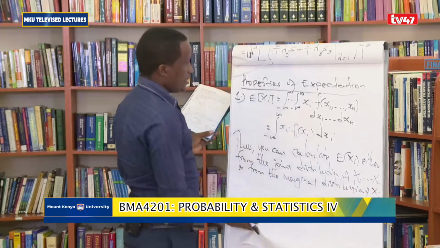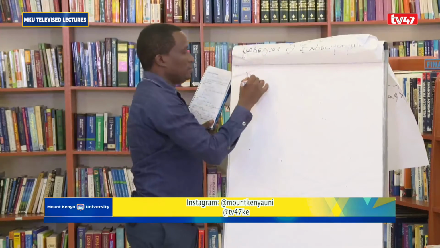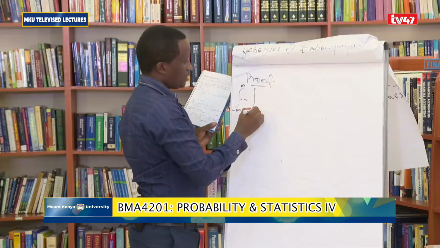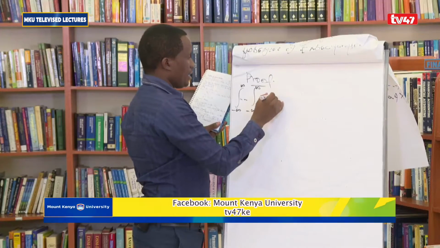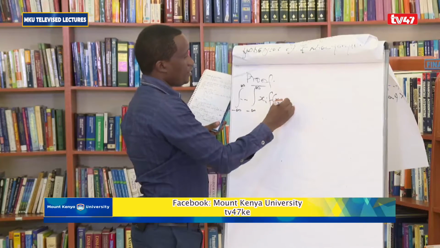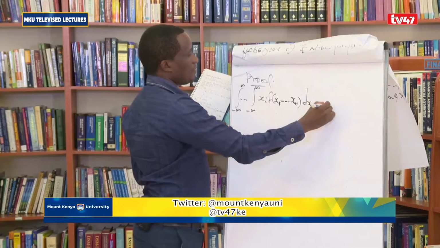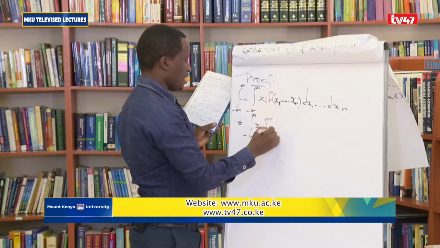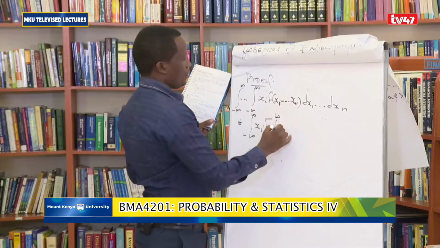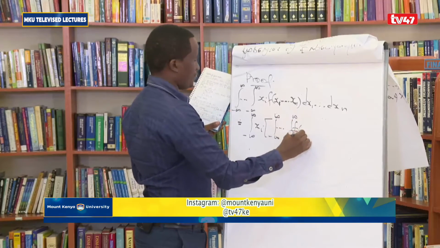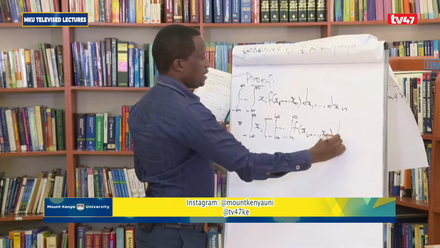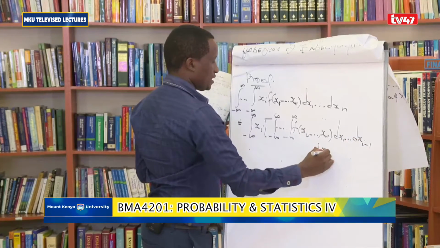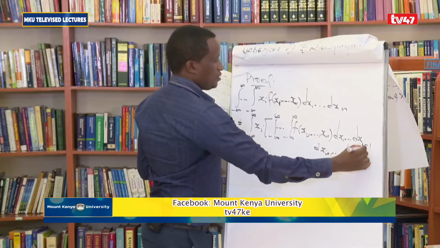of xi. Let's prove that property. Now, the integral from negative infinity to infinity, integral from negative infinity to infinity of xi f of x1 all the way to xn, dx1 all the way to dxn, is equal to the integral from negative infinity to infinity of xi, then the integral from negative infinity to infinity, all the way to negative infinity to infinity, of f of x1 all the way to xn, dx1 all the way to dxi minus 1, dxi plus 1, all the way to dxn, then dxi.